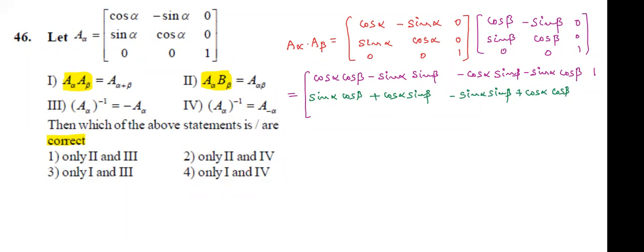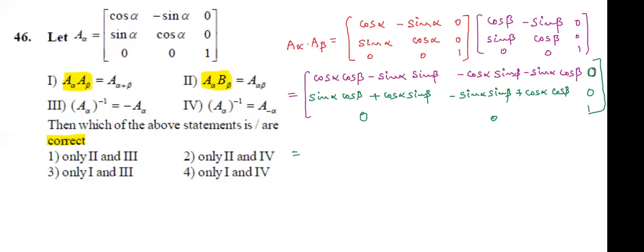Next, second row, third column, this is completely 0. See carefully. Third row, first column, 0, 0, 0, completely 0. Third row, second column, 0. Third row, third column, 1 will come.